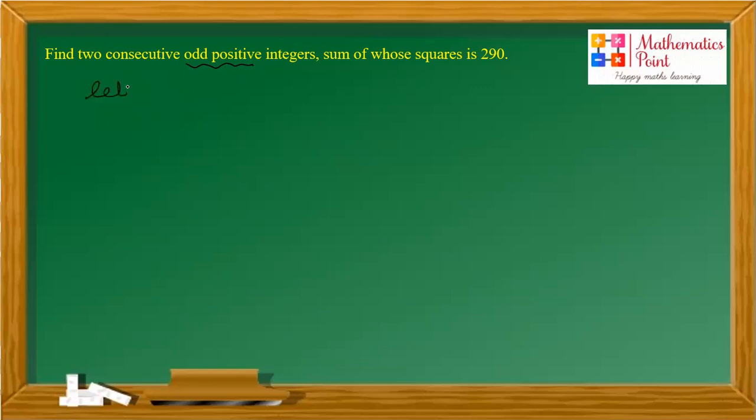So let us say that let first consecutive odd positive integer, it is equal to 2x plus 1. Why I have taken it 2x plus 1?